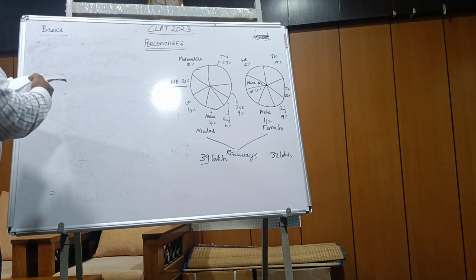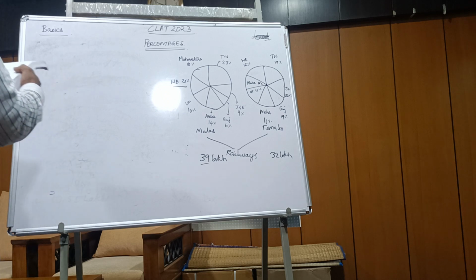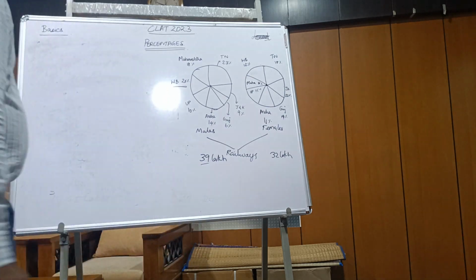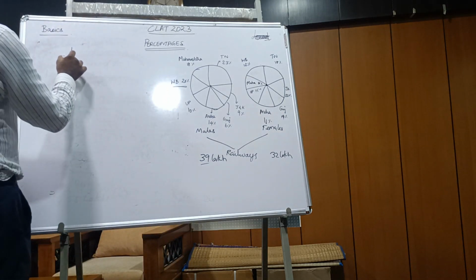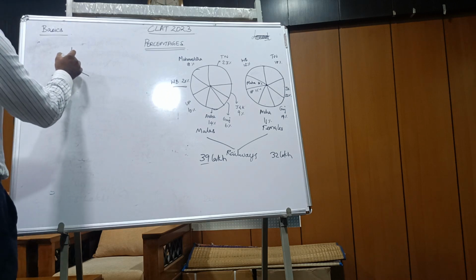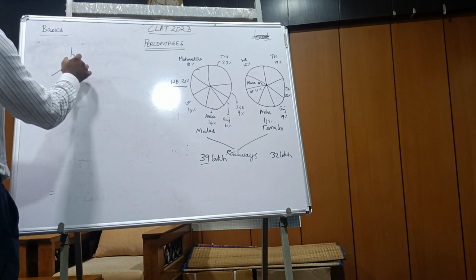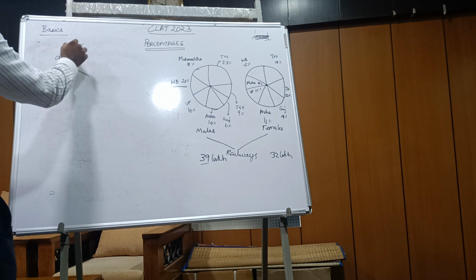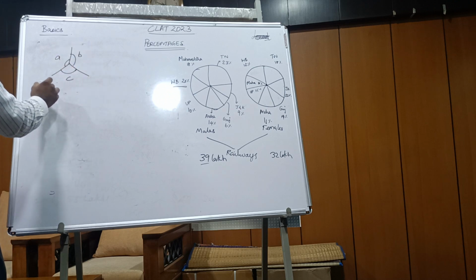What is the angle corresponding to the total female population in Andhra Pradesh and Gujarat? So here, if you see that there are 3 angles, the total of all these angles is always 360.